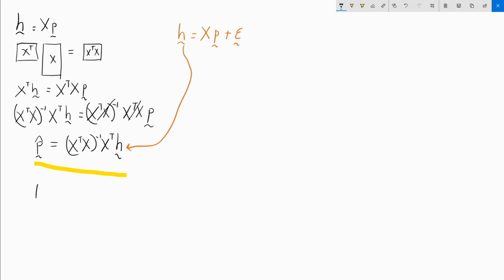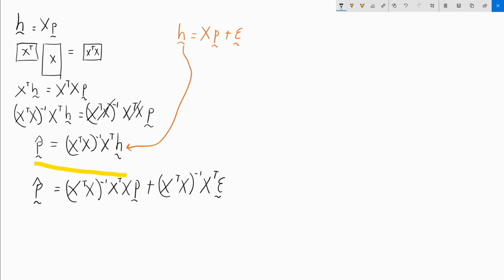So making that substitution, I have P hat equals (XᵀX)⁻¹XᵀXp plus (XᵀX)⁻¹Xᵀε.